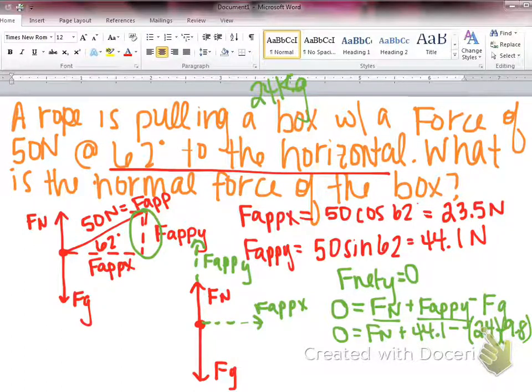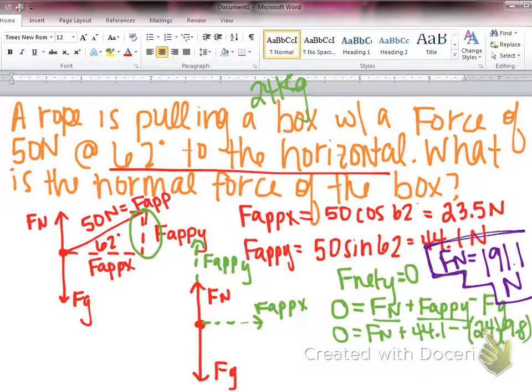That means my final answer for my normal force is equal to 191.1 newtons. That's because I took 44.1 minus 24 times 9.8, and then I moved that to the other side to equal my normal force.